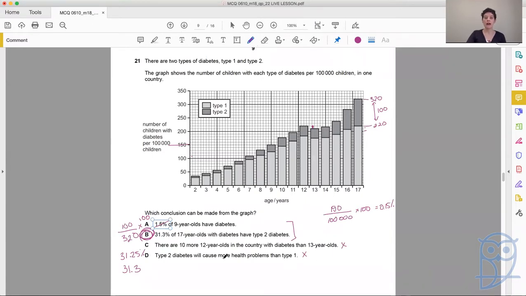So we took our number of children with type 2 diabetes there at the top, from 220 to 320, that's 100 children here. And it's out of all of the 17-year-olds with diabetes. So 100 divided by 320. Then we multiplied by 100 to get our percentage, and we matched 31.3%.